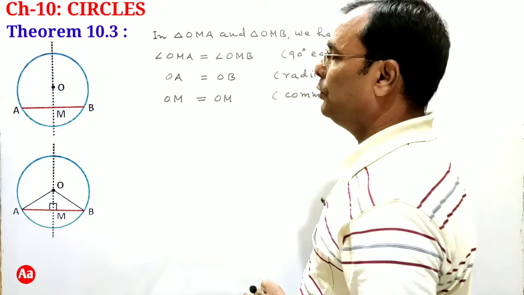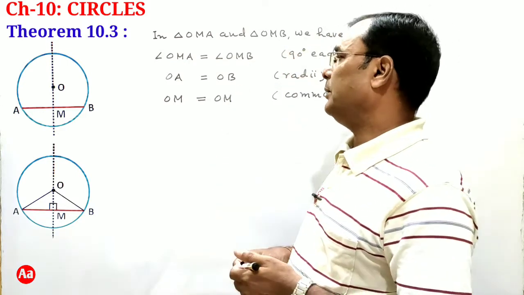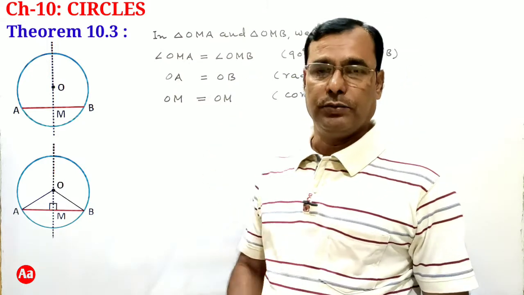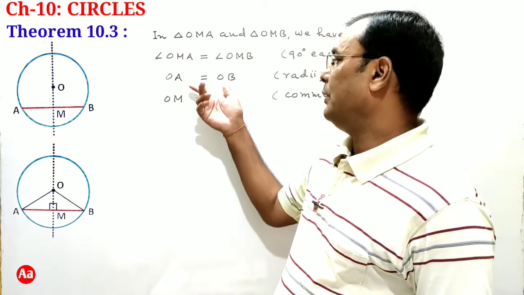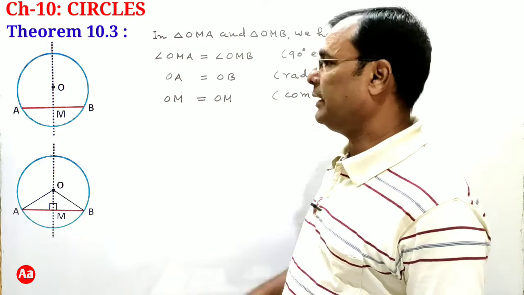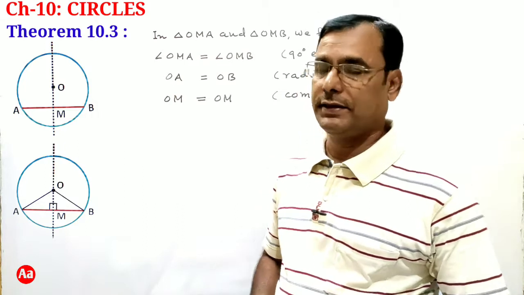So in triangle OMA and OMB we have angle OMA is equal to OMB, both are 90 degrees. OA is equal to OB, they are radii, and OM equal to OM, common side.